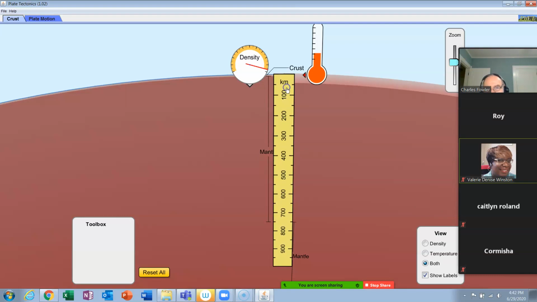The surface is right about there to the boundary. What would you say, 750 kilometers? You see it right there? Yeah, 750 kilometers.